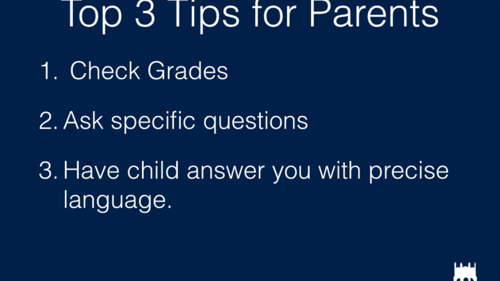And number 3 would be have your child answer with precise language. Your child will hear me say that a lot this year. I always tell them precision of language. Try to get away from using pronouns and actually using the correct nouns for things. So don't say things like, do you have it?